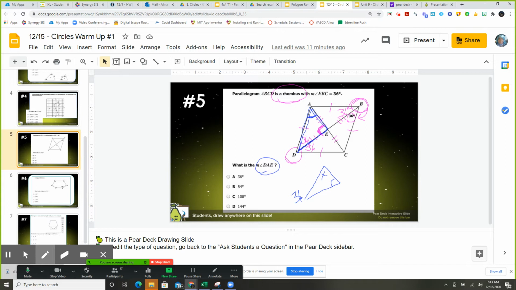Don't everybody talk at once. What do all the angles in every triangle have to add up to? 180. So if I do 180 minus 90 minus 36, what do I get?